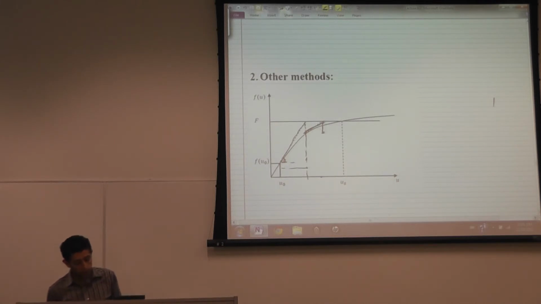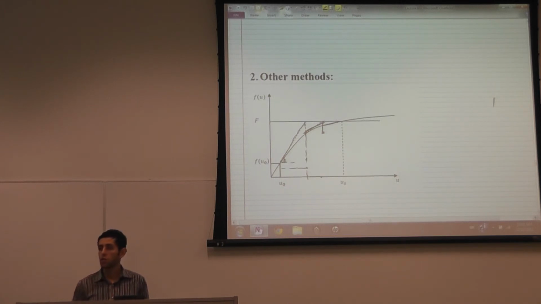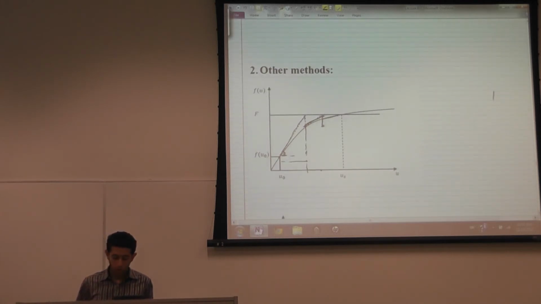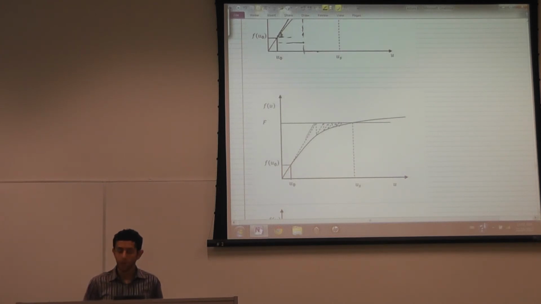Now, this method converges really fast in terms of the number of iterations. But the problem that you encounter is that there are a lot of calculations. If you're using software, there are a lot of calculations. There are better methods, for example, the modified Newton-Raphson method. In a modified Newton-Raphson method, you calculate the slope once, and you invert it once, and then after that, you just use the same slope.